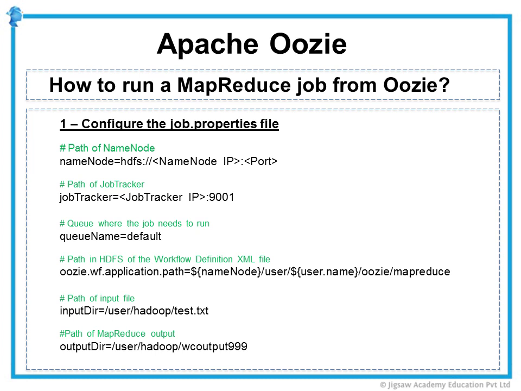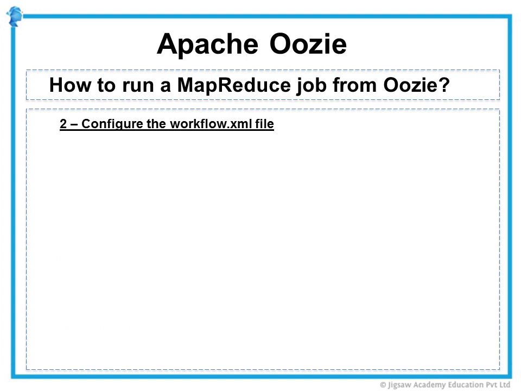Okay, now let us configure the workflow XML file itself, right? This is the most important part of an Oozie workflow job. Here you start with defining the name of the workflow using this line of XML code. Here word count -wf is basically the name of our workflow, which we can use to identify it among all the Oozie jobs that might be currently running.